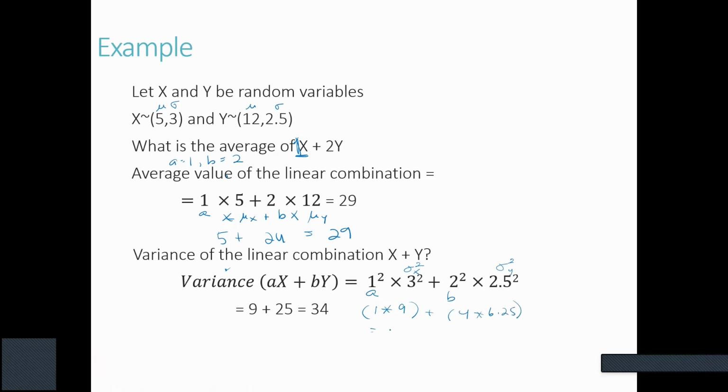Okay, so that's 9 plus 25 gives us 34. That's the variance, and the standard deviation is the square root of 34, which is 5.83.